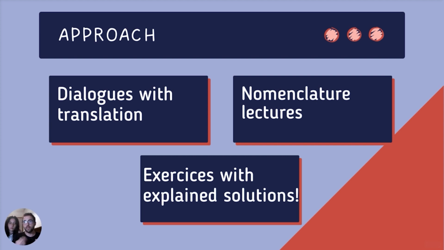We can define the nomenclature lectures as vocabulary lectures, where I read the English word, translate it into Italian, and repeat the Italian word several times very slowly so that you can work on the pronunciation, and for each lecture you will master the correct Italian pronunciation of each word.